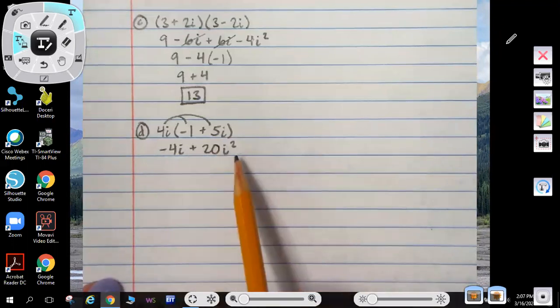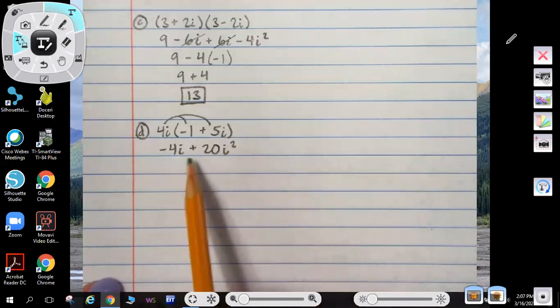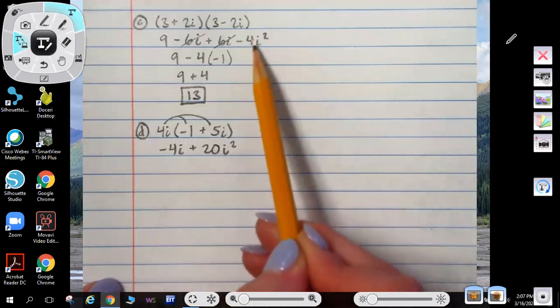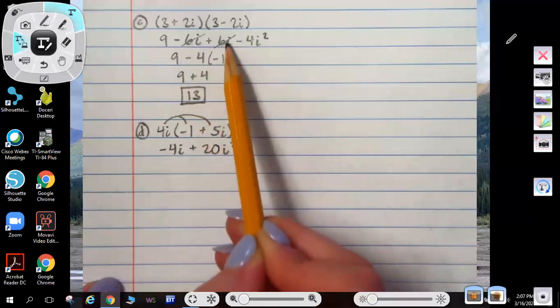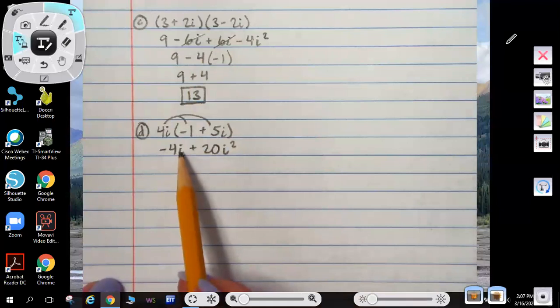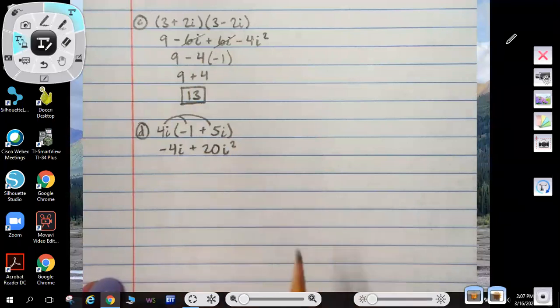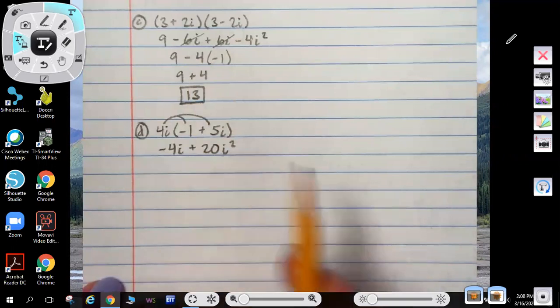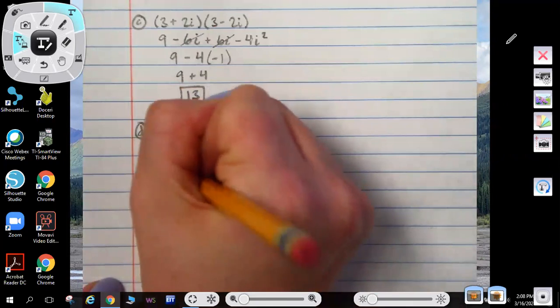There's no like terms to combine because even though both of these have i in them, just like in part C, we didn't combine -4i squared with these other terms that just have i. The i's have to have the same exponent for them to be like terms. Okay, so there's no like terms, but we can replace i squared with -1.